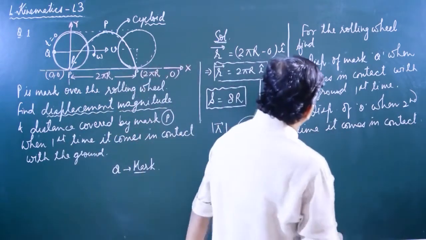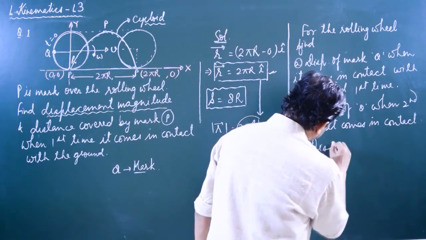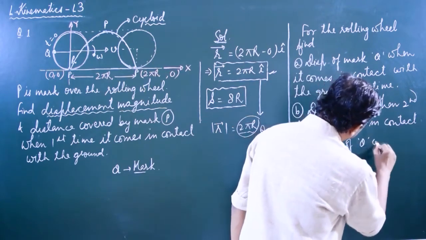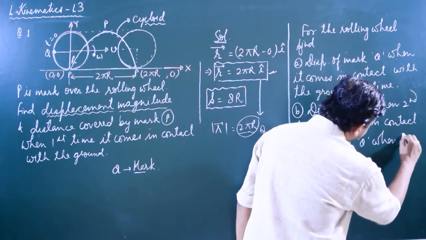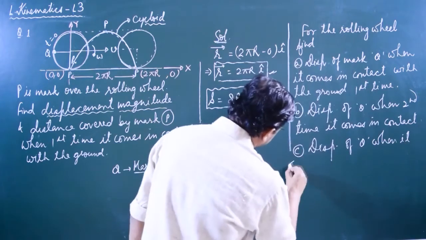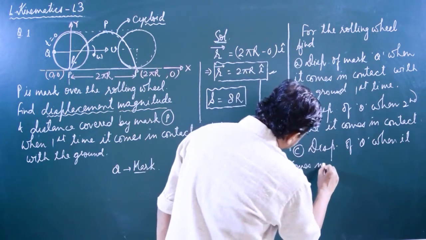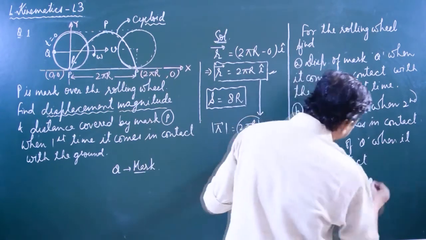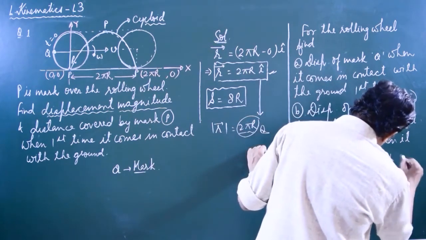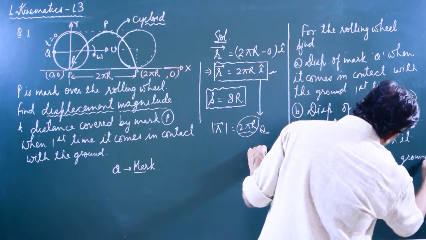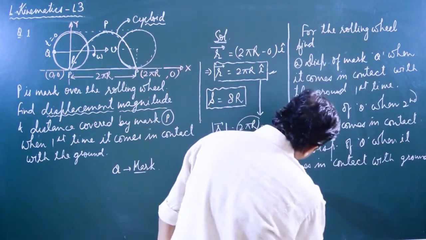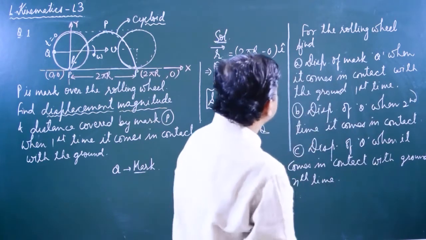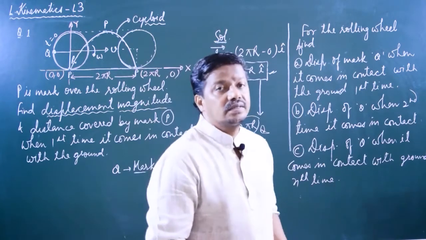So you have to get the displacement of mark Q when it comes in contact with the ground the nth time. So these results you have to get for Q.